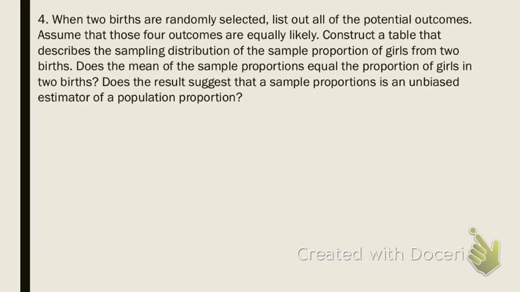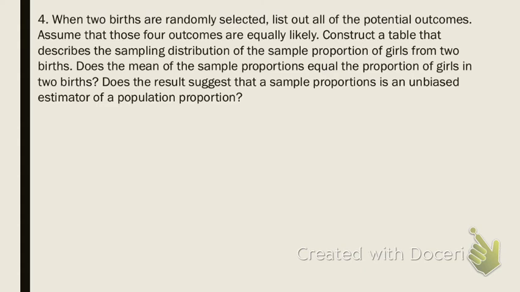So we assume anytime we're talking about births, I don't know all of the science behind it, but we do assume that it is a 50-50 chance of having a boy or girl. I know there are tons of other factors and things that go into that. However, we assume in statistics that it is a 50-50 chance.